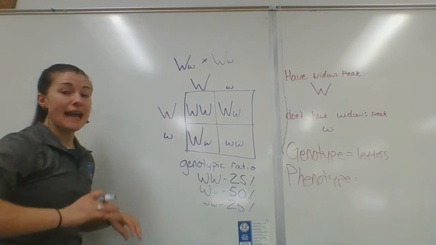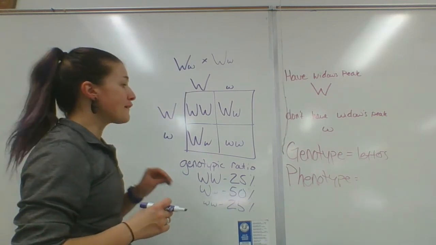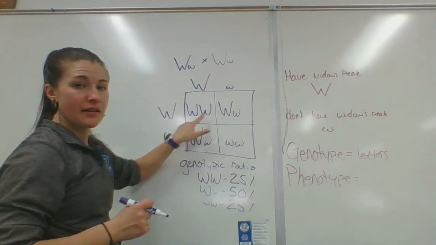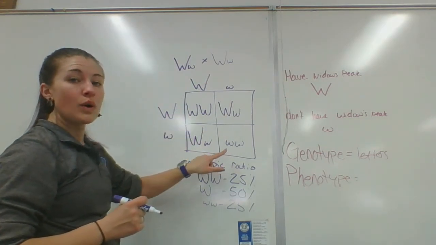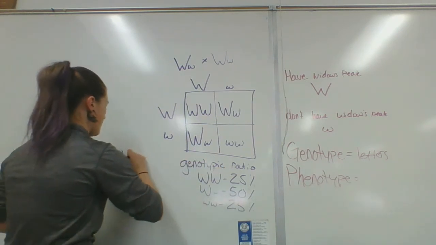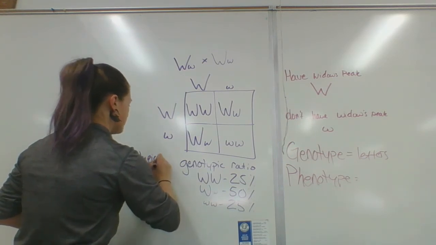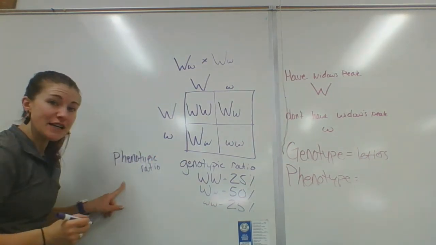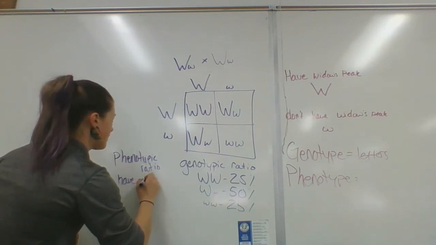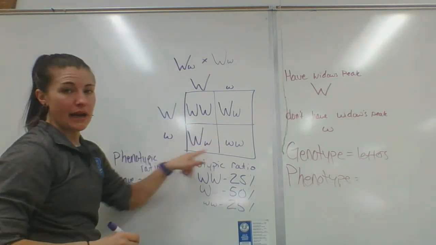If I wanted to make a phenotypic ratio, what does this look like? Remember, our phenotype is either having a widow's peak, these 3, or not having a widow's peak. So for my phenotypic ratio, having the peak would be 1, 2, 3 out of 4.